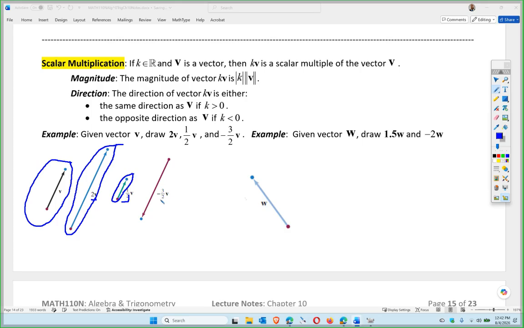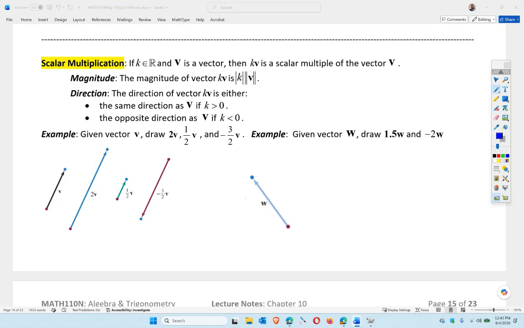If you multiply it by a negative, it changes the direction. Okay, so you have to be mindful of that. So if I do 1.5w, it's the same vector and the same direction, just 1.5 times the length. If I do negative 2w, it's double the vector, but in the opposite direction.